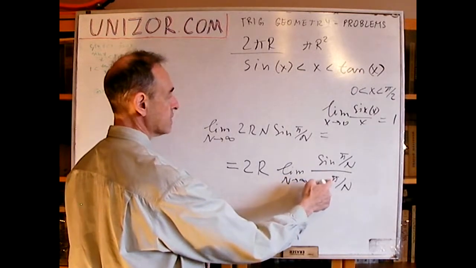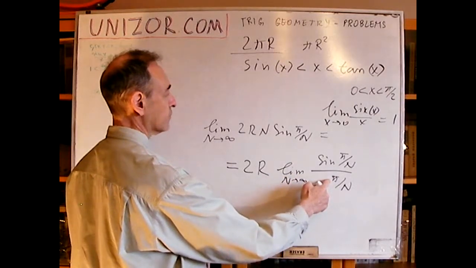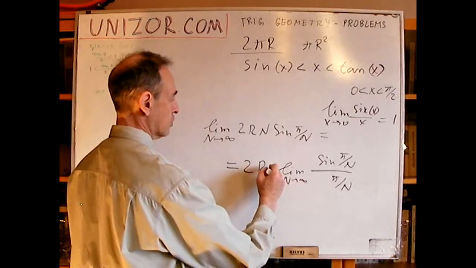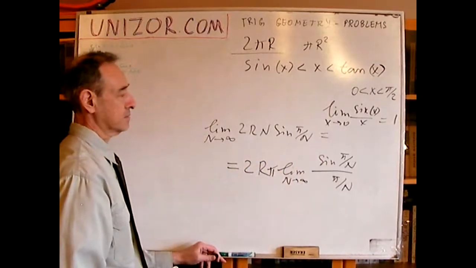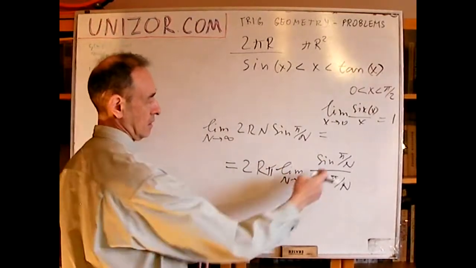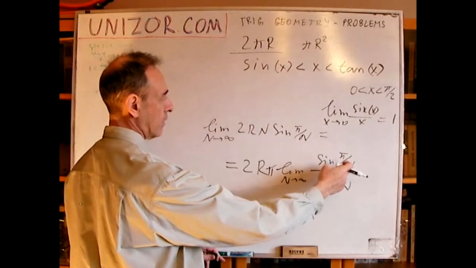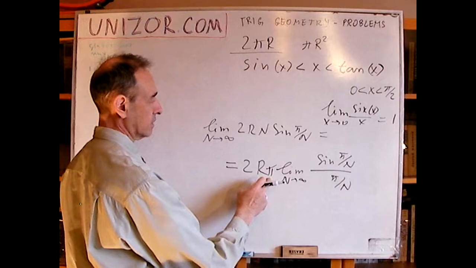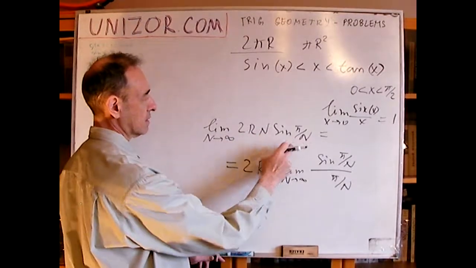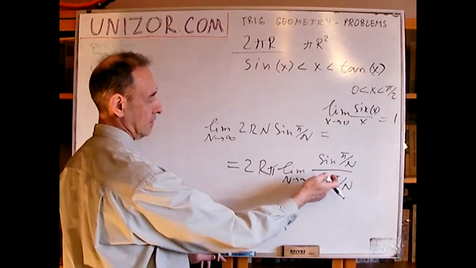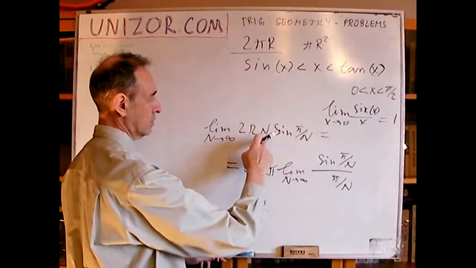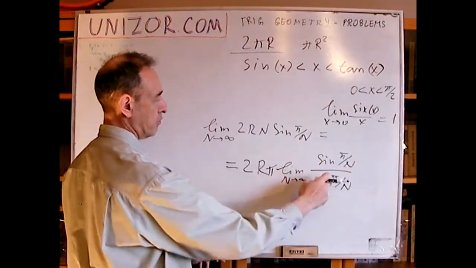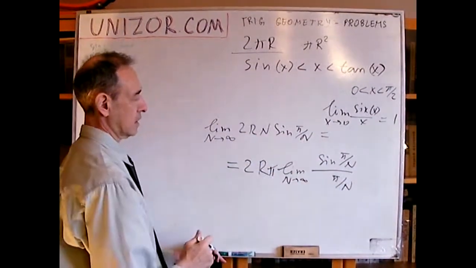Now, I have this pi, it's an extra pi, so I have to multiply by pi to neutralize it, right? So sine of pi over n divided by pi over n and multiplied by pi, that would be exactly n sine of pi over n, right? N goes to numerator and pi will be reduced, so that's exactly what it is.